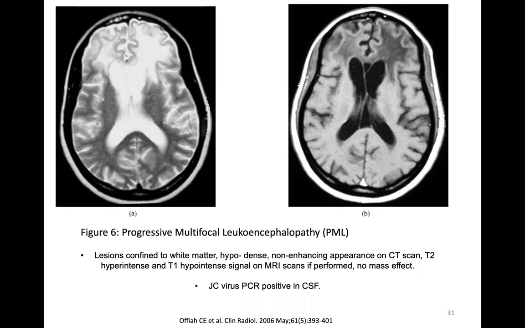And with PML again, it's bilateral, but not symmetrical. And the other thing about PML, it likes the subcortical white matter. It can affect the parietal, occipital, or the frontal. Like in this case, here you have the subcortical frontal U fibers that are involved.